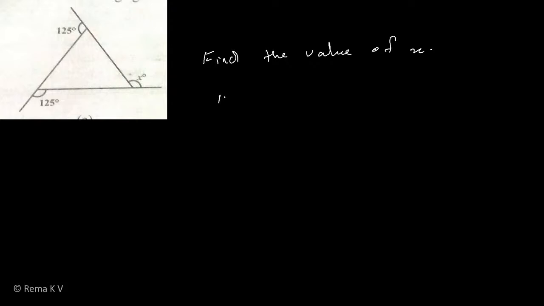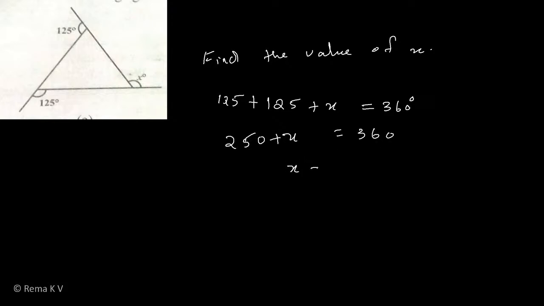So we can write this as 125 plus 125 plus x. These are the three exterior angles given. This is equal to 360 degrees. So x is equal to 360 minus 250.